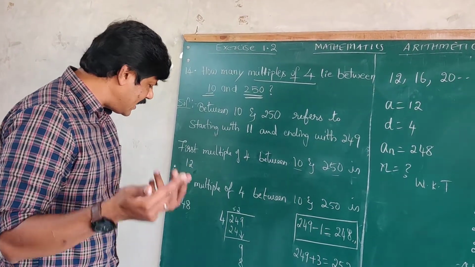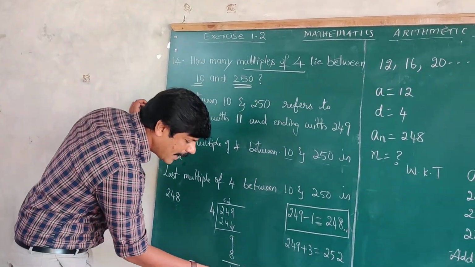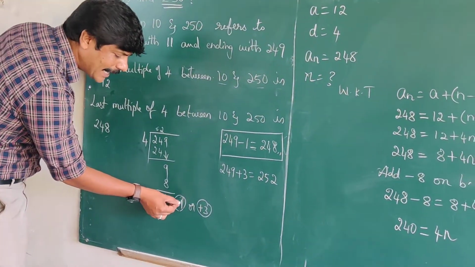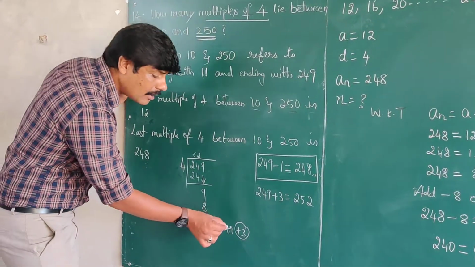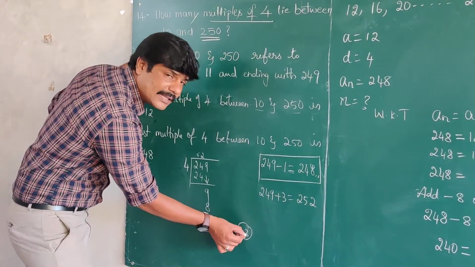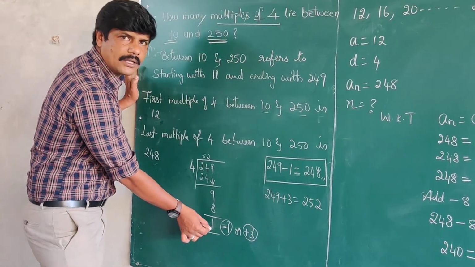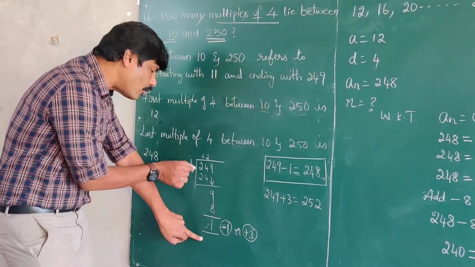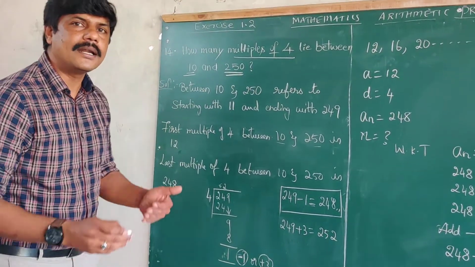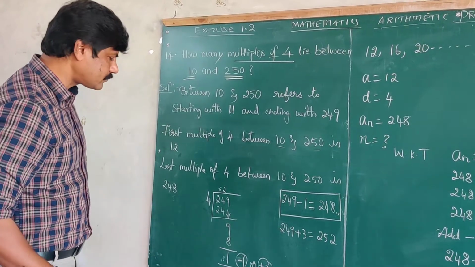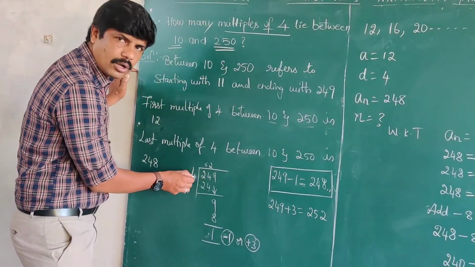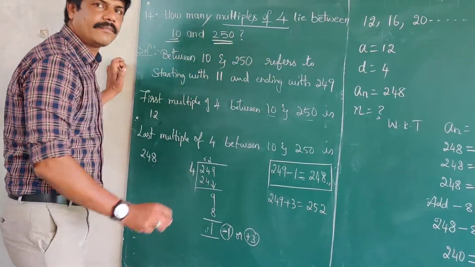Very easy. How do you make this 1 a 0? Either by adding minus 1 or by adding plus 3 to this 1. If you add plus 3 to 1, it becomes 4, and 4 is divisible by 4, and the remainder becomes 0. Understand, children?